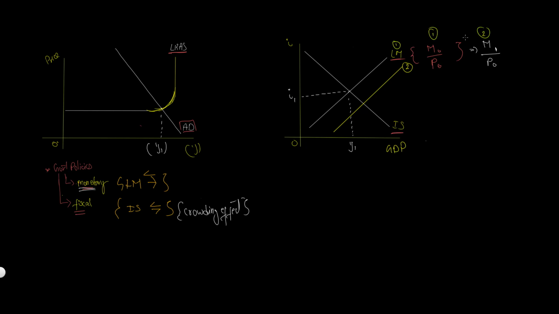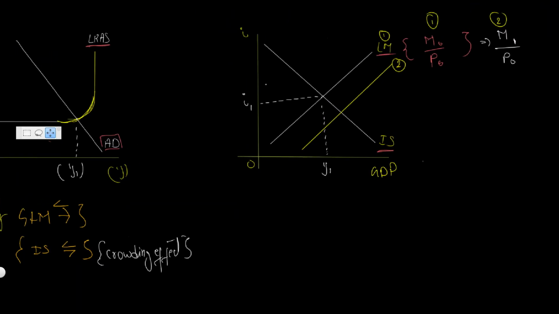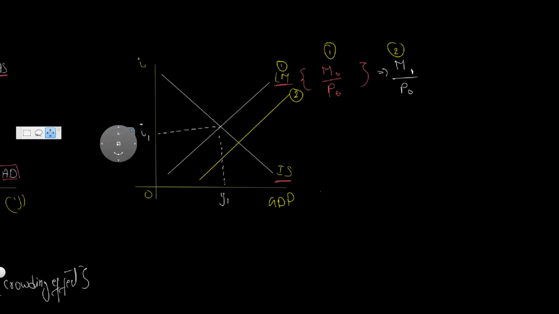The LM curve will shift towards the right, and this would theoretically increase the output from Y0 to Y2, and decrease the interest rate from I1 to I2. But since we're talking about aggregate demand here, we would not pay a lot of attention to the interest rate. That does not concern us at the moment.